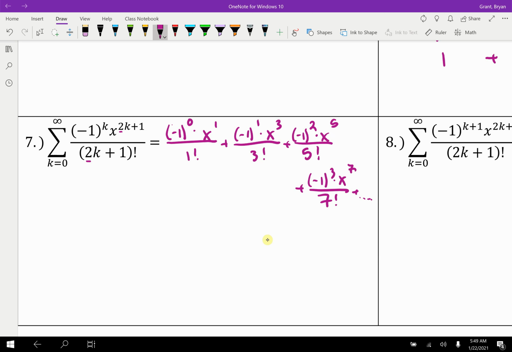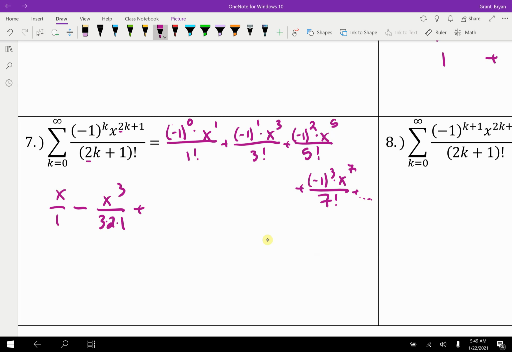Okay. If you wanted to simplify again, take a look at what these negative 1 to different powers do. Anything to the 0th power is 1. x over 1 factorial is just going to be x over 1. Negative 1 to an odd power is always going to be a negative, and this becomes x cubed over 3 factorial. The next one becomes positive. We're just alternating in sign here, aren't we?